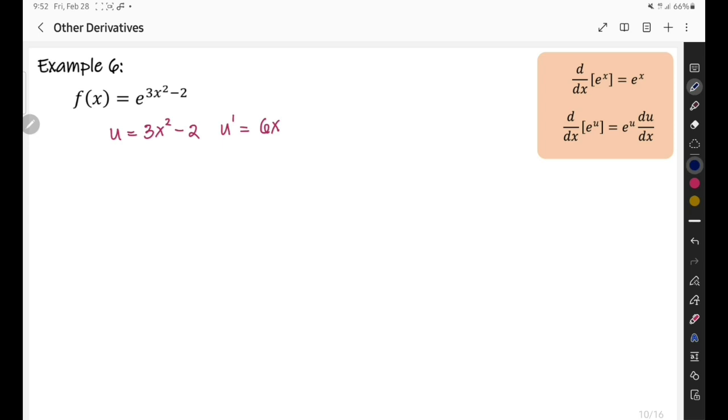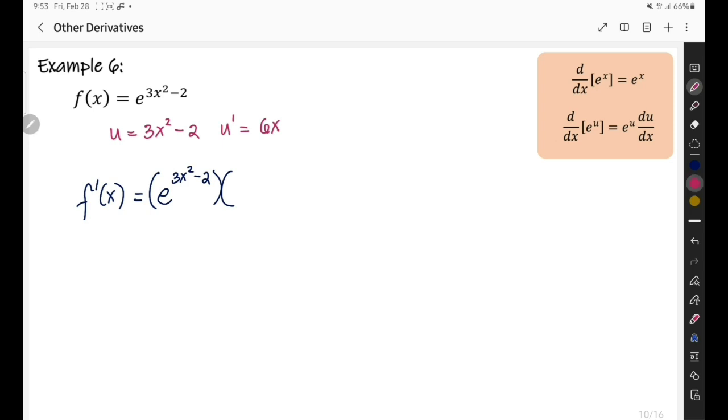Okay, so we have f prime of x is equal to e to the u, and that would be e to the 3x squared minus 2, times, let's use parentheses, the u prime, or du dx.